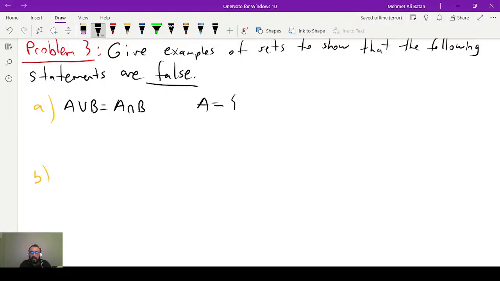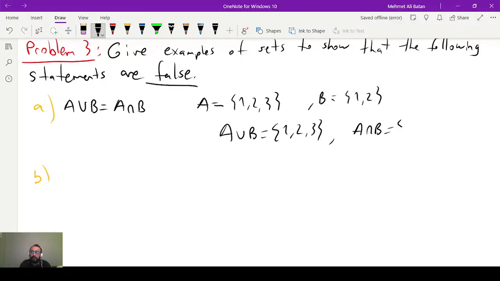You can take A as 1, 2, 3 and B as 1, 2. Clearly A union B equals 1, 2, 3 and A intersection B equals 1, 2. They are clearly not equal, so A union B is not equal to A intersection B. This is a false statement.